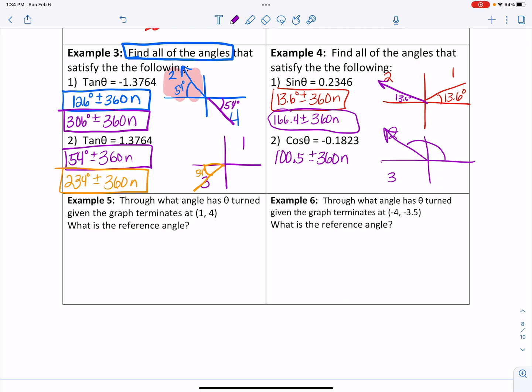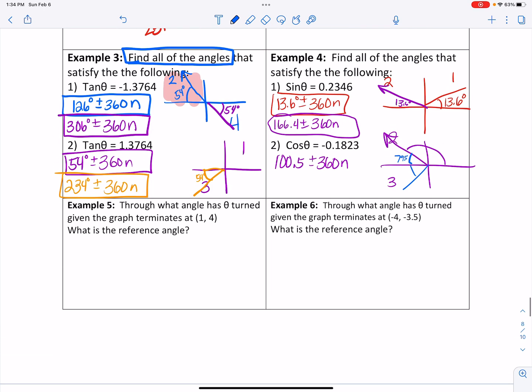But I need to find the reference angle. Okay, so what is 180 minus 100.5 is 79.5. So I have to go 79.5 that way. So 180 plus 79.5 is 259.5 plus or minus 360n.